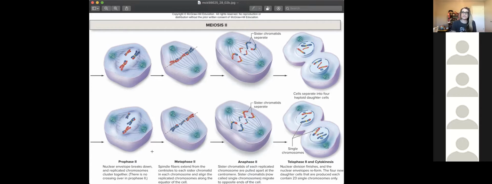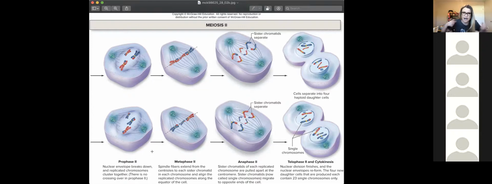In anaphase 2, the spindle fiber from the centrioles is going to grab onto the centromere. There's a region on that centromere that's known as the kinetochore. I don't know if that's mentioned in your book, but that's what it's called. The spindle fiber attaches to that chromosome from both sides, and then it pulls apart those sister chromatids.